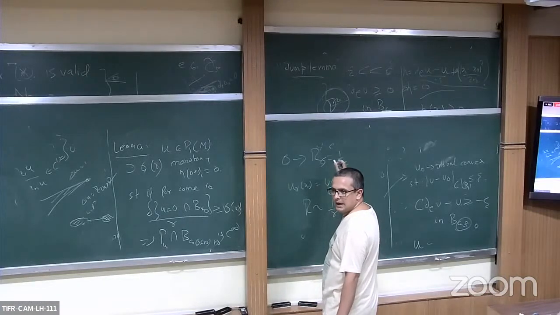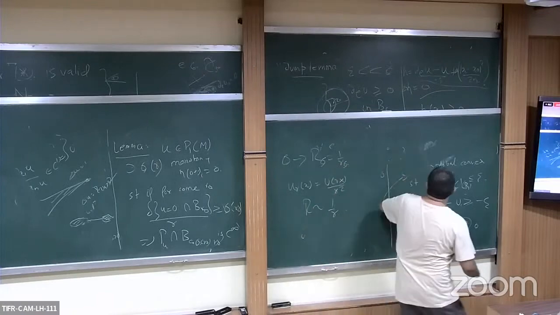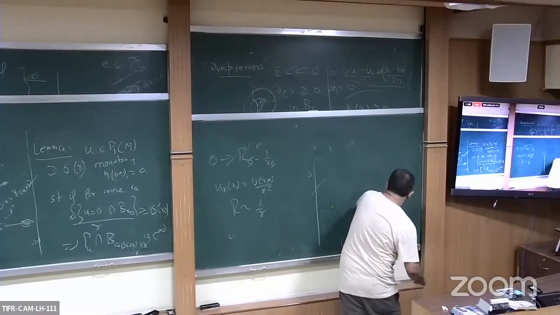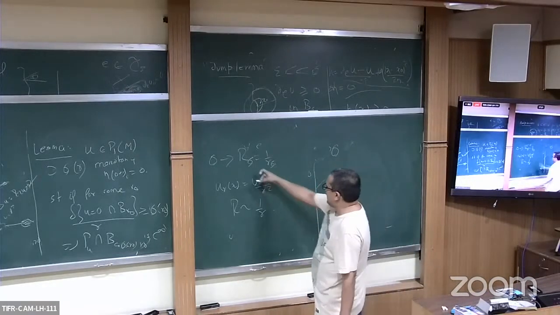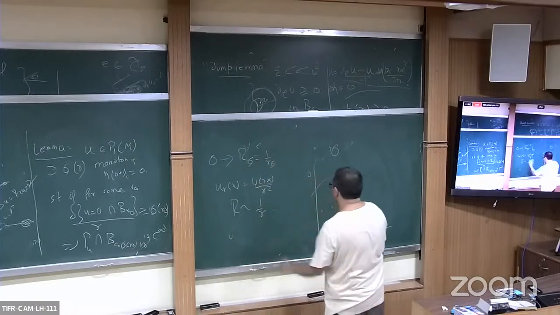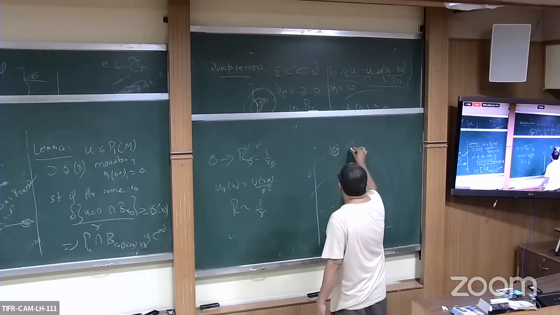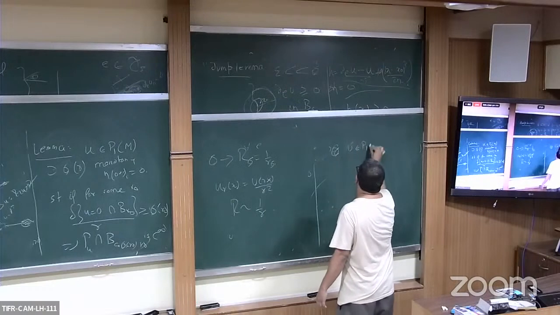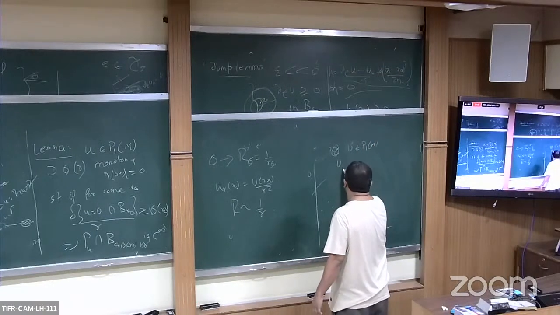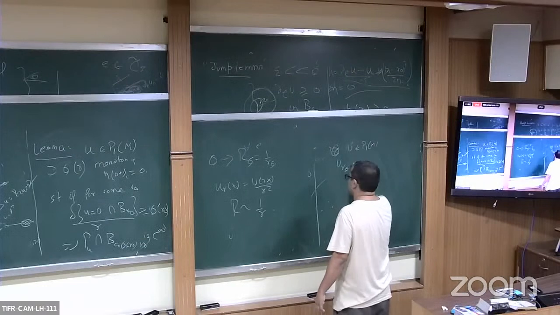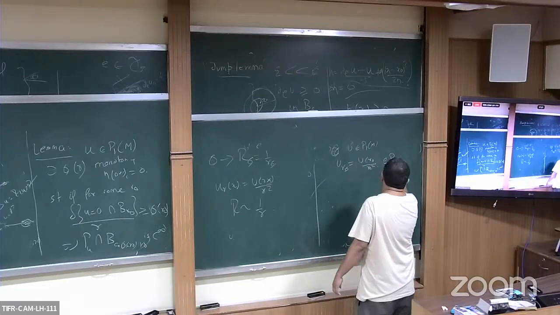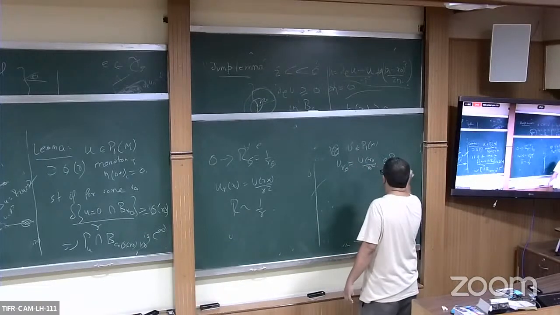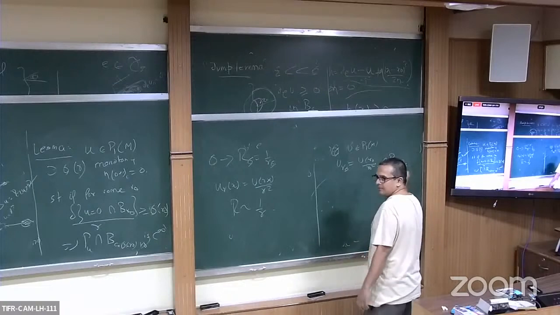Right? Agreed? So is it clear? This is like 1 by R sigma. So to say that if U is in T1M, then U of R sigma, which is defined as U of R sigma dot divided by R sigma naught square, is in T1 by R sigma.